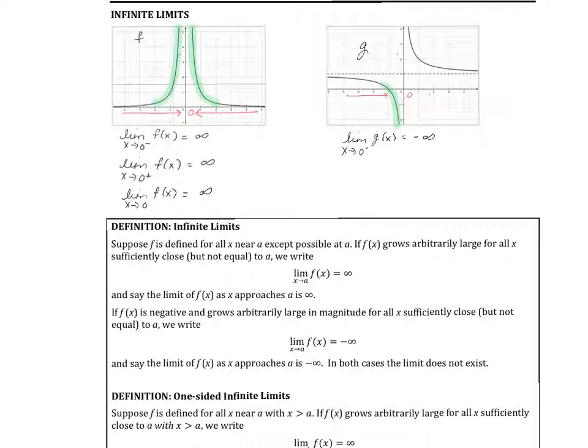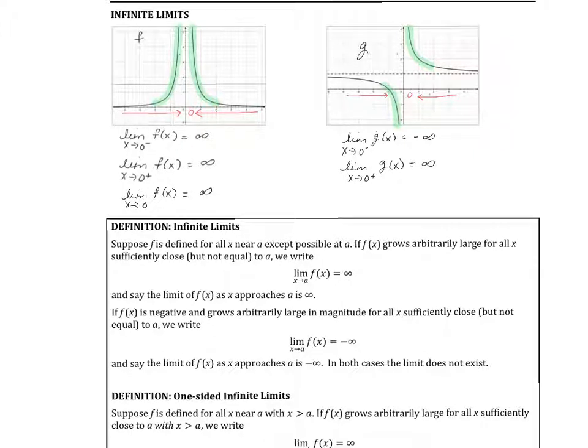And as we come in towards 0 from the right, our graph goes up as we get closer and closer to 0. So we write the limit as x goes to 0 from the right of g of x is equal to positive infinity.